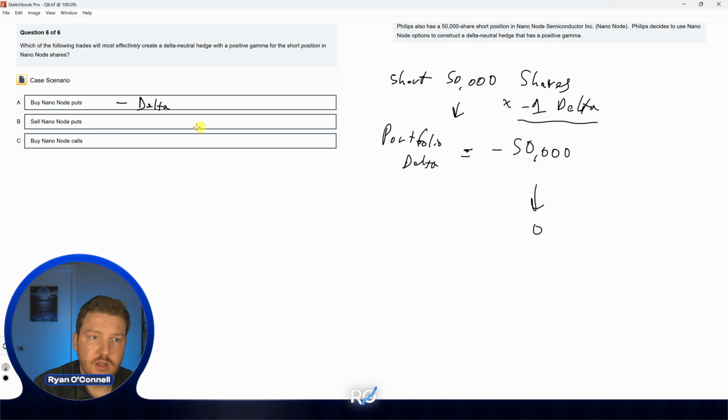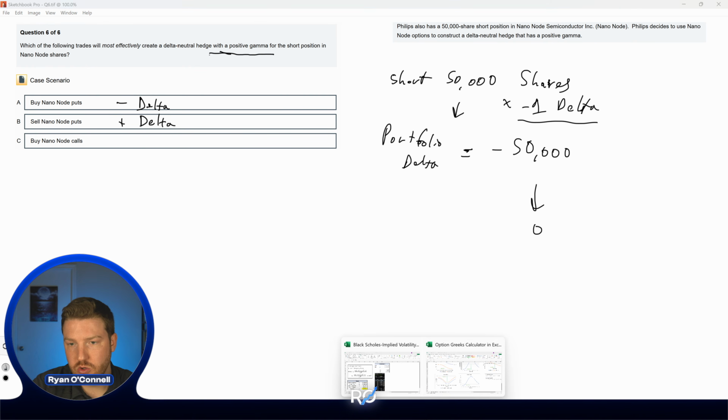Now, how about selling Nano Node puts? Well, that would have positive delta, right? Because we're selling the positions that have negative delta. However, if we're selling them, then what does that say about our gamma? We want to have a net positive gamma.